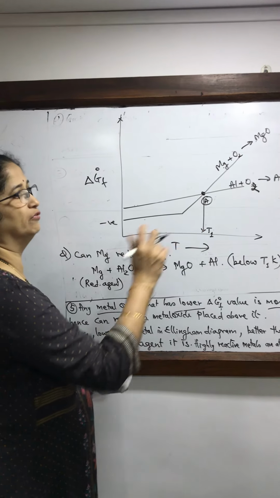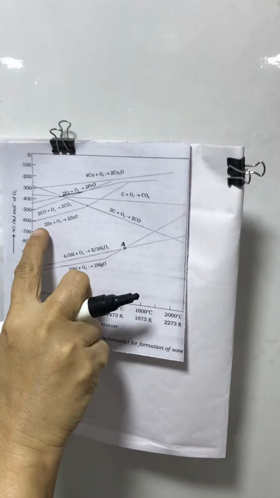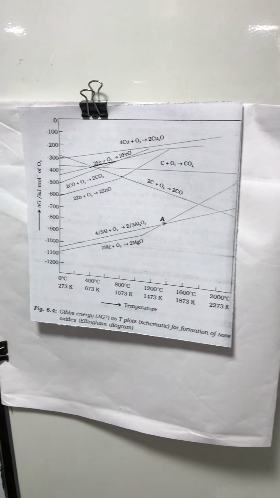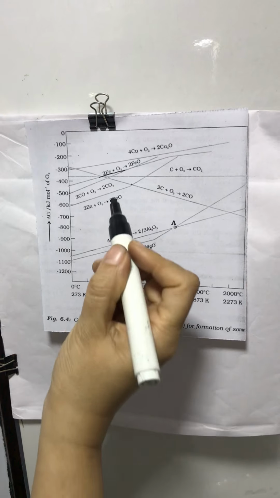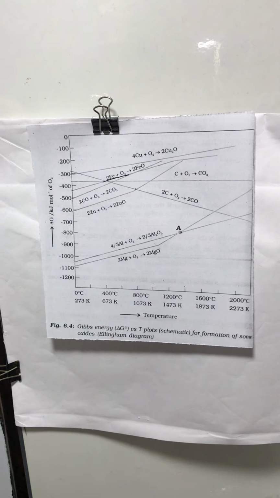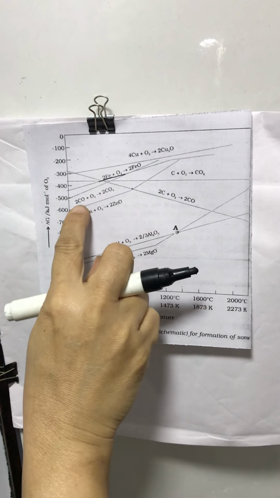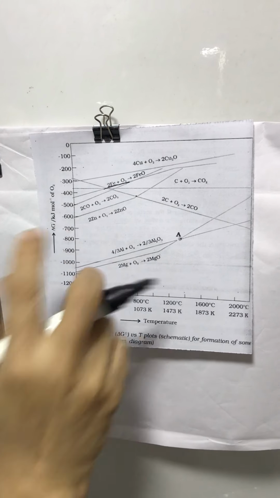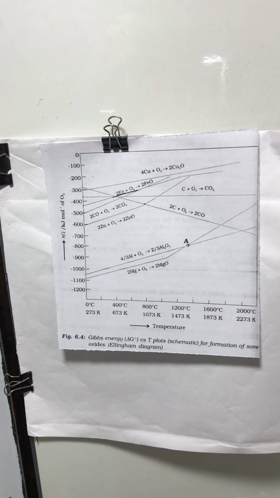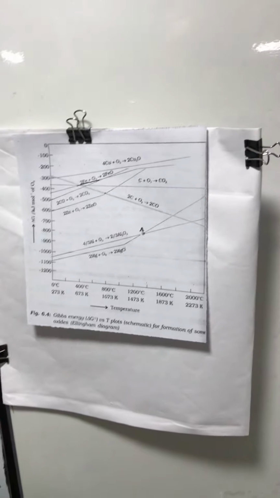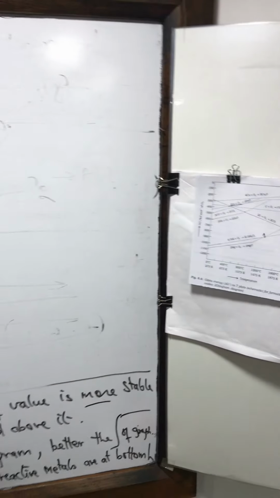Let us look at this graph again. In this graph, you can see the formation of zinc oxide, and it is cutting the graph for carbon. The formation of carbon dioxide from carbon monoxide is above that. Now let us look at this graph and explain the next point.